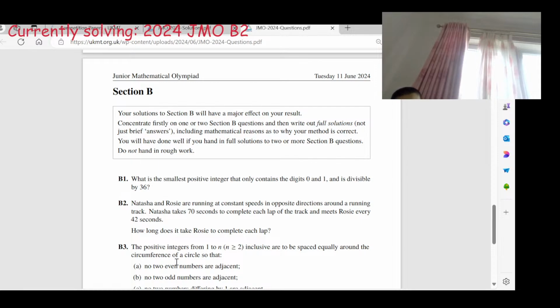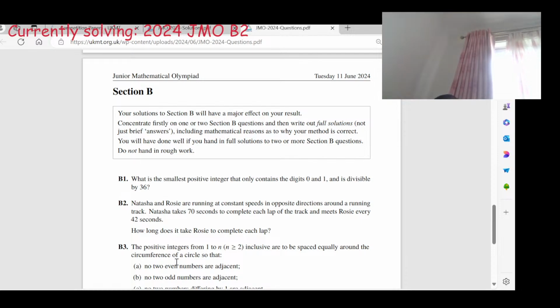So if you take 70 seconds around the lap, that means that when you're 60% of the way there, Rosie's run 40%. So 42 seconds for Rosie is 40%. 21 is 20%. So 105 seconds for the whole thing.